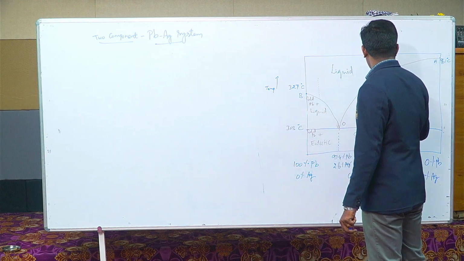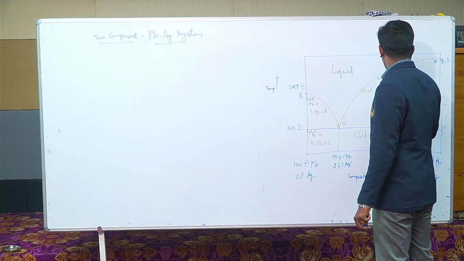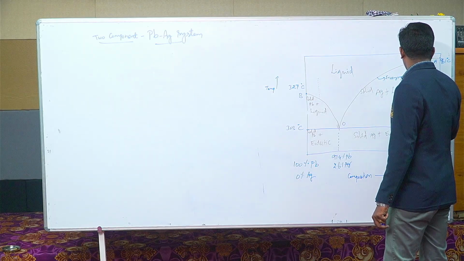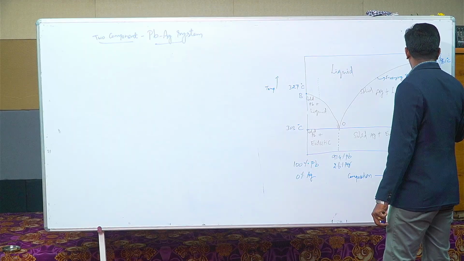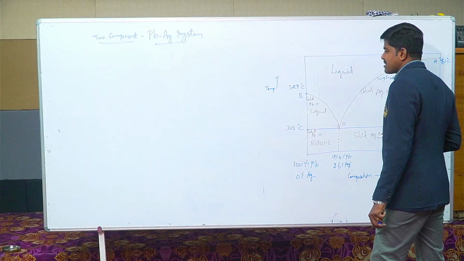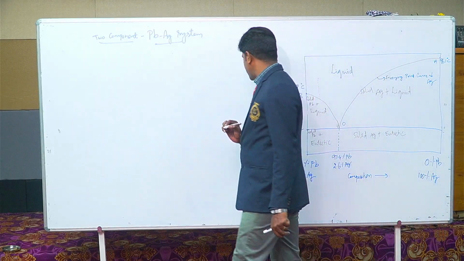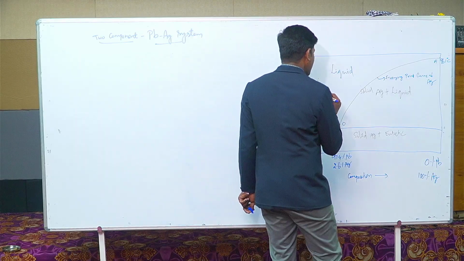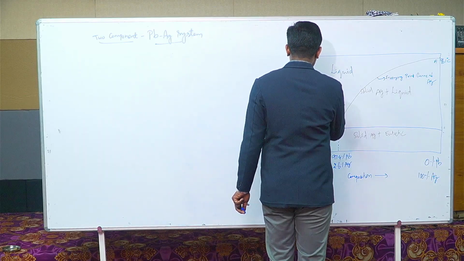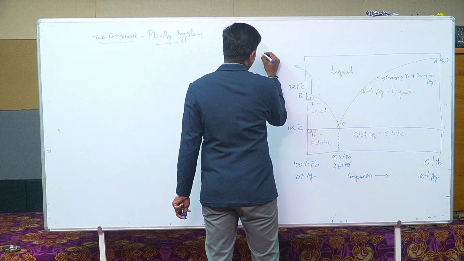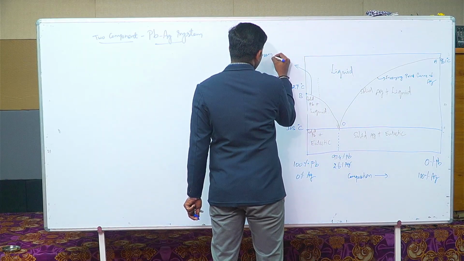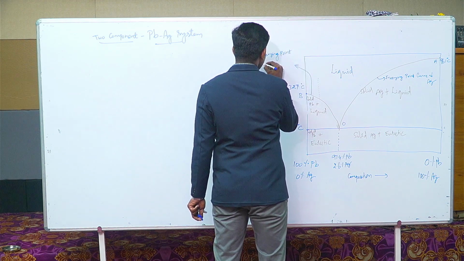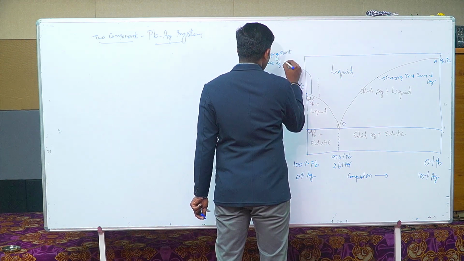This curve is called the freezing point curve of silver. And this curve is called the freezing point curve of lead.